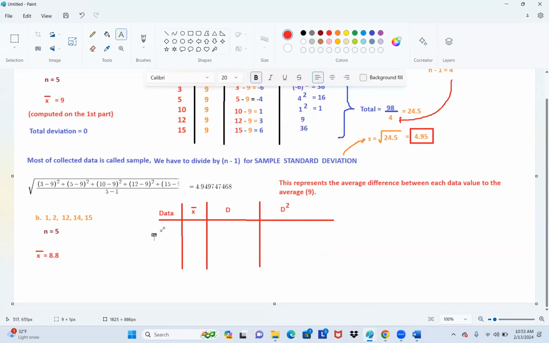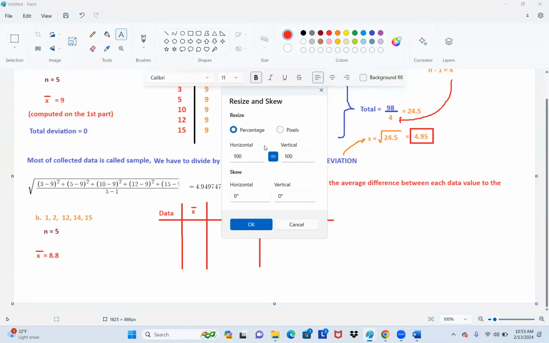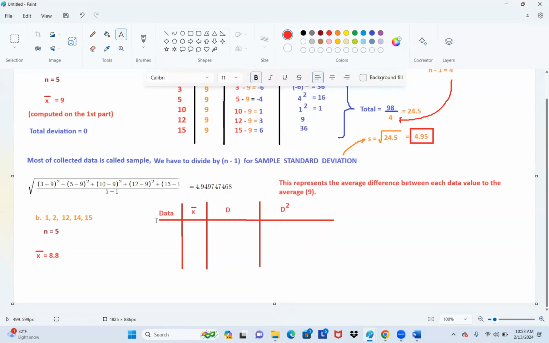All right, so the data set that we have was 1, 2, 12, 14, and 15. Are we good? And then the mean was 8.8, 8.8, 8.8.